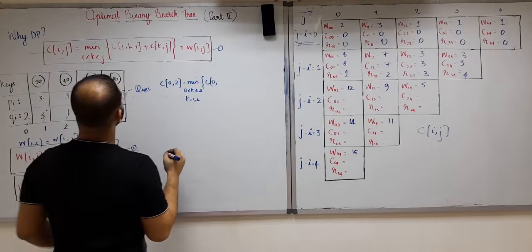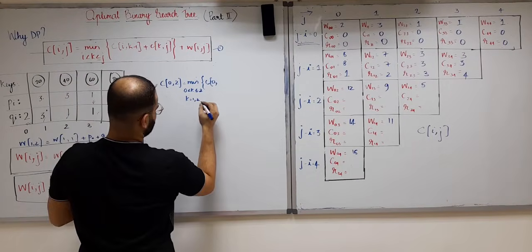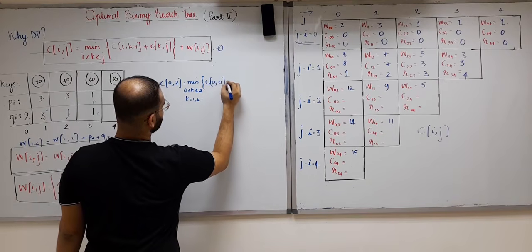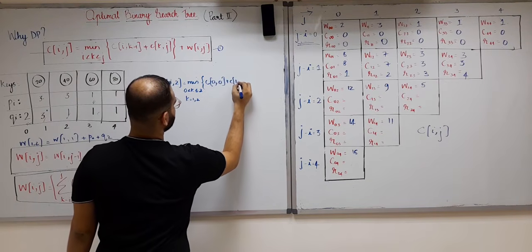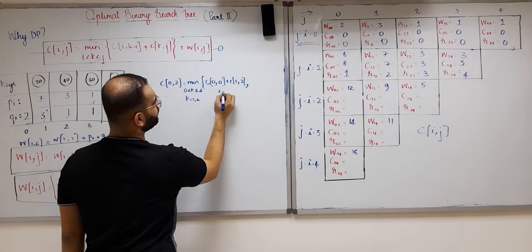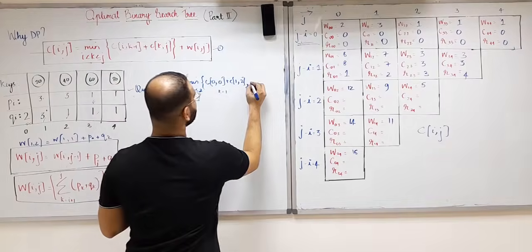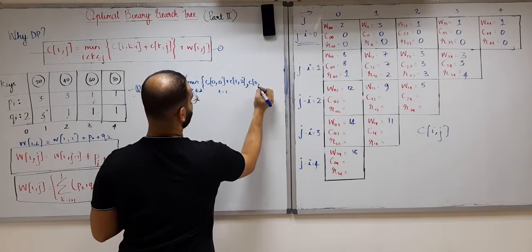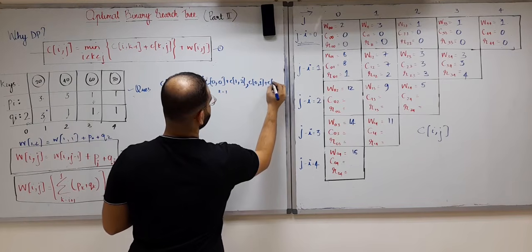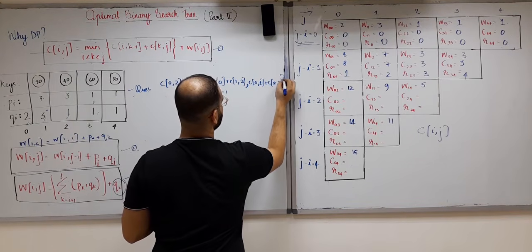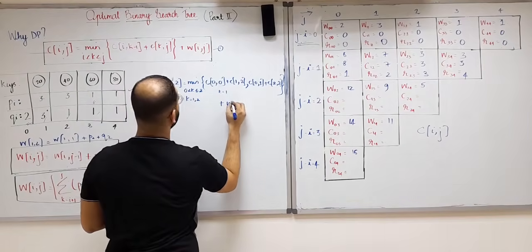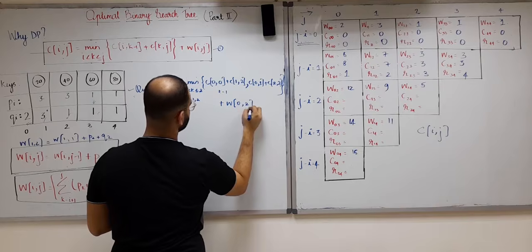So for k is equal to 1, k minus 1 is 0 plus k is 1 comma 2. So this is the first term where k is equal to 1, right? Now for the second term where k is equal to 2, so C 0 comma 1 plus C, k is actually equal to 2 comma 2. Okay, so plus W 0 comma 2.